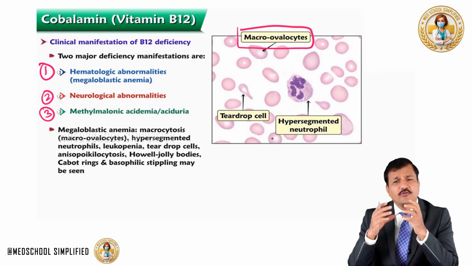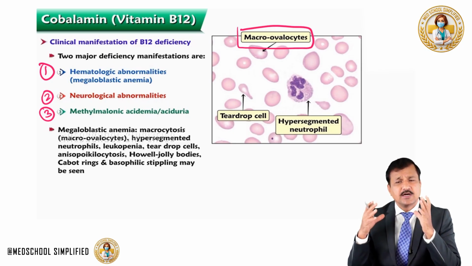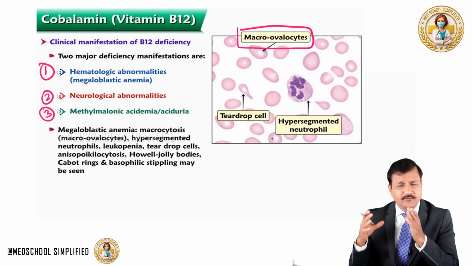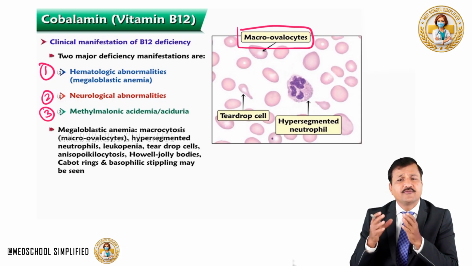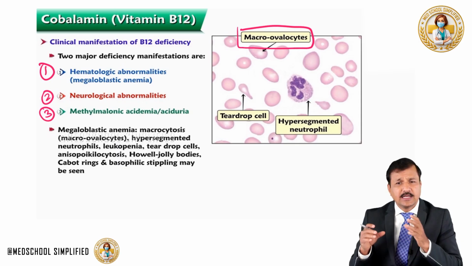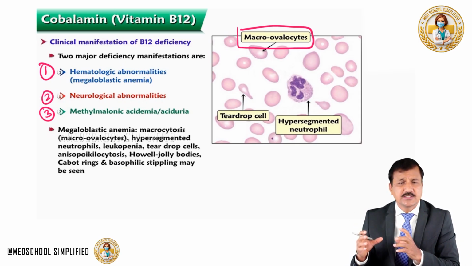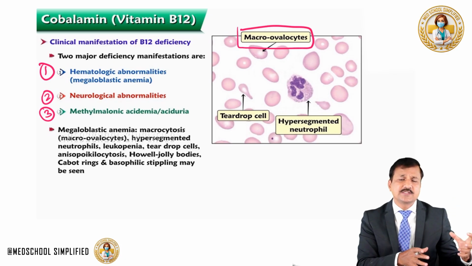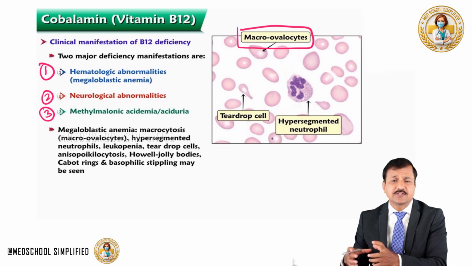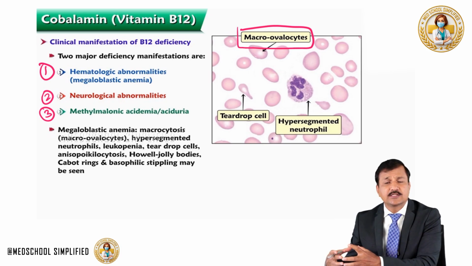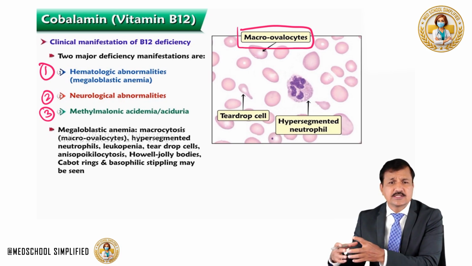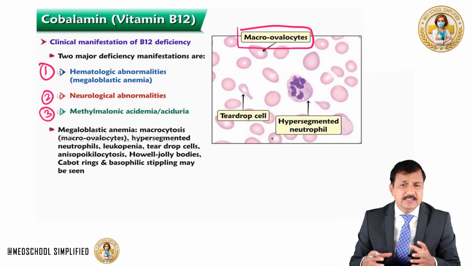Why? Because folate derivatives, that is N5 tetrahydrofolate, N5,N10 methylene tetrahydrofolate, are necessary for purine and pyrimidine biosynthesis. So when there is a cobalamin deficiency, there is a functional folate deficiency that leads to decrease in purine and pyrimidine biosynthesis, that leads to decrease in DNA synthesis.